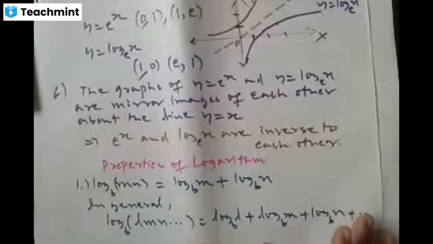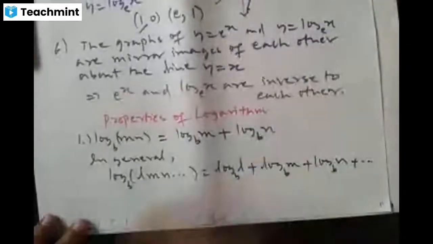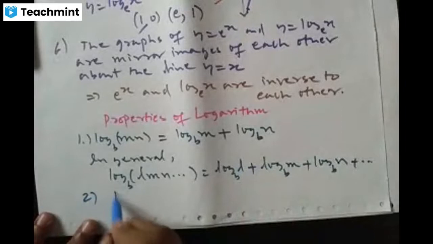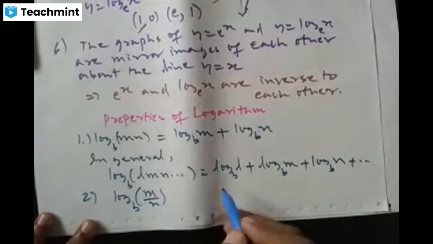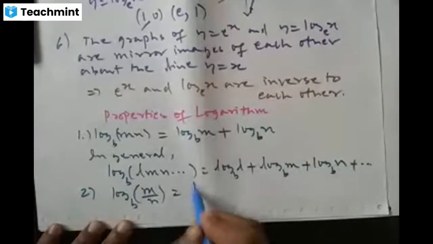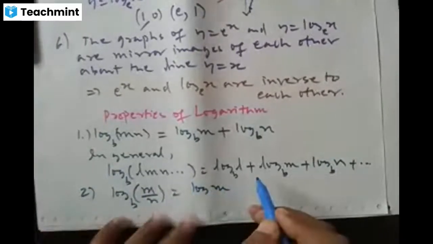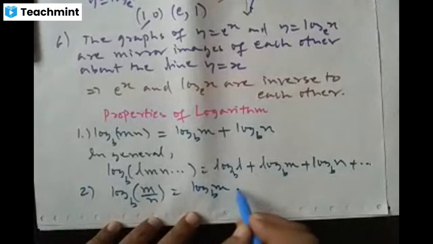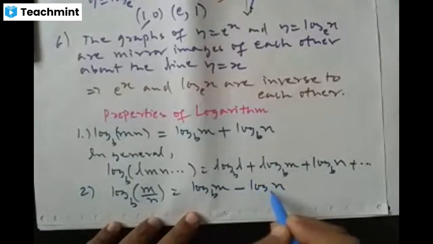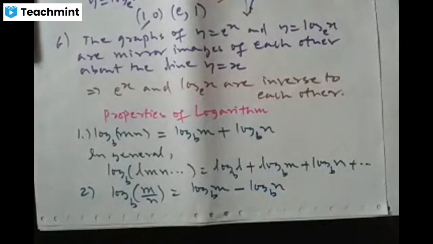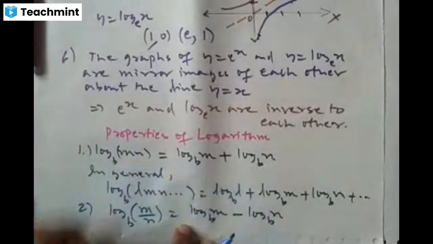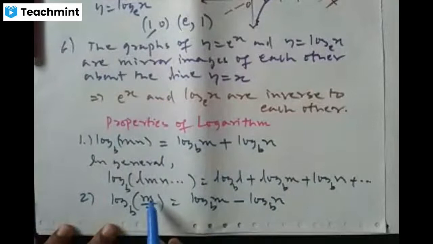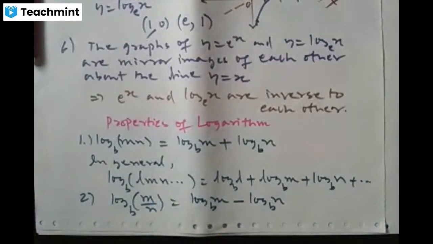Next, property number 2: log of M by N to the base B is equal to log M to the base B minus log N to the base B. In the first one, logarithm converts product into sum. In the second one, logarithm converts division into subtraction, correct?